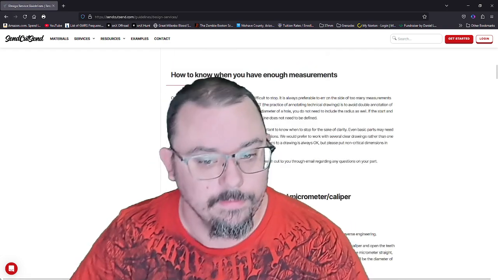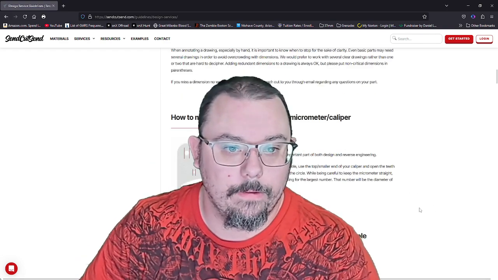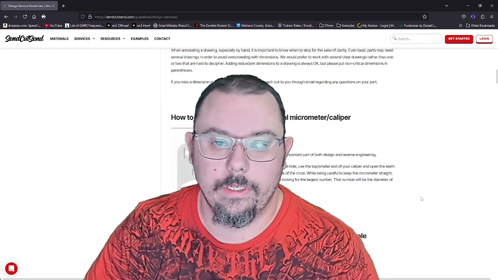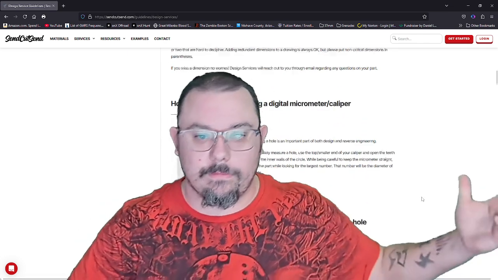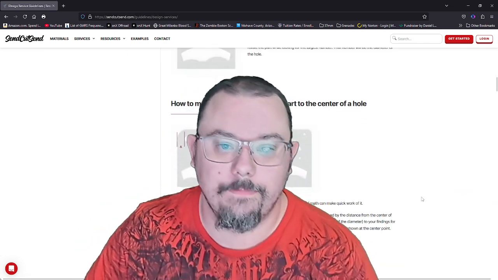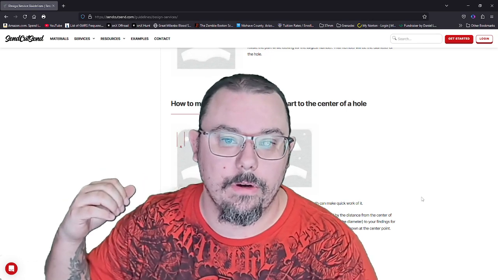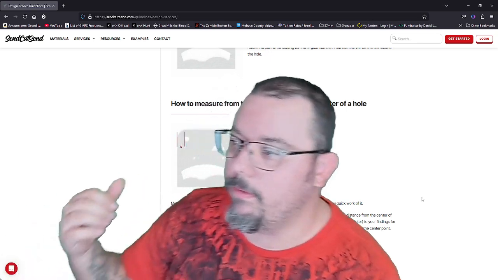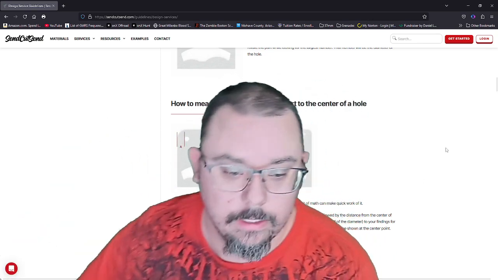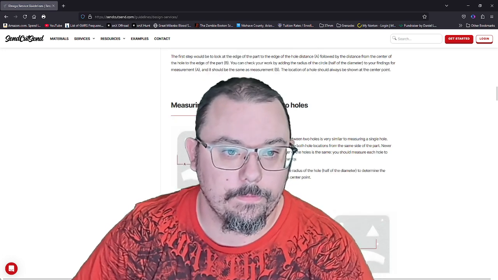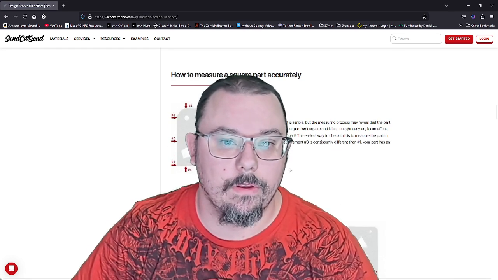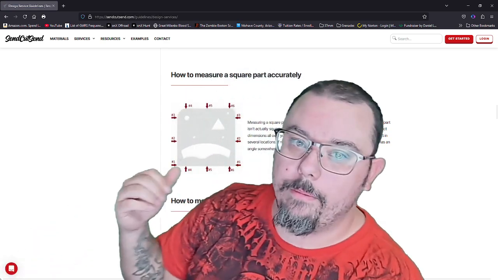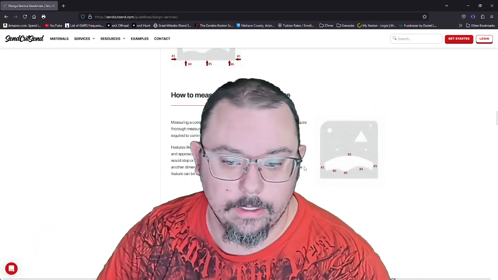It's how to measure a hole using a digital micrometer and caliper. Edge of the part to the center of the hole, edge of the part to the distance between holes. Measure square part accurately.